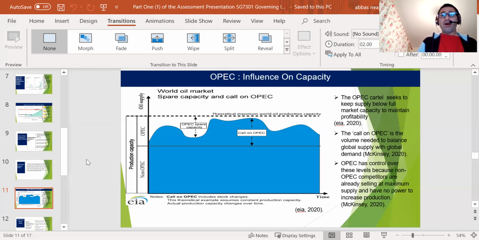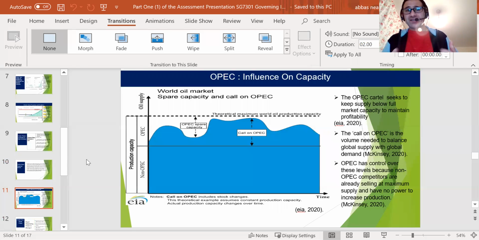The call on OPEC is the name for the volume needed to balance global supply with global demand. OPEC has control over this level because non-OPEC competitors are already sailing at maximum supply and have no power to increase production.